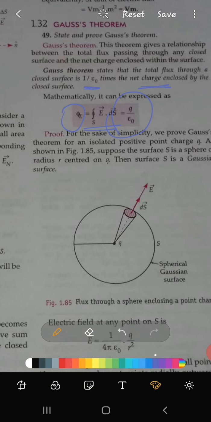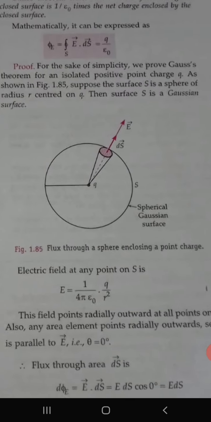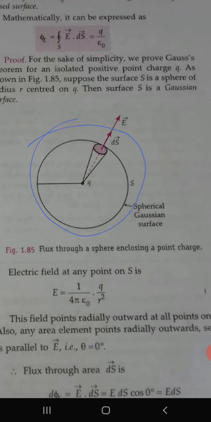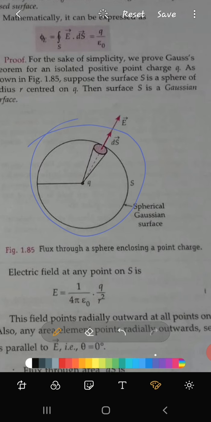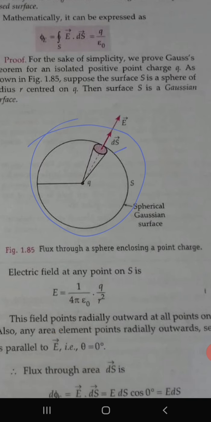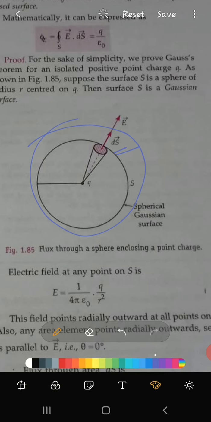In order to prove this, just consider any Gaussian surface of surface area S, and this surface area S is made of a large number of small surface areas ds. At the center of this surface consider a single isolated positive charge q.